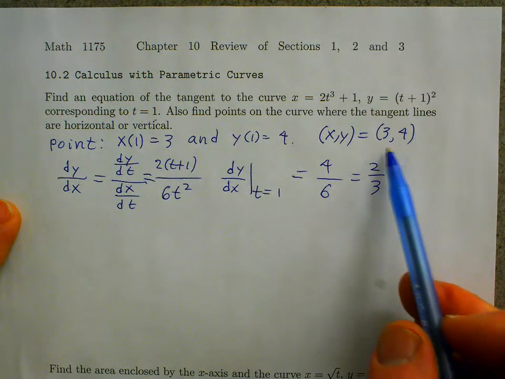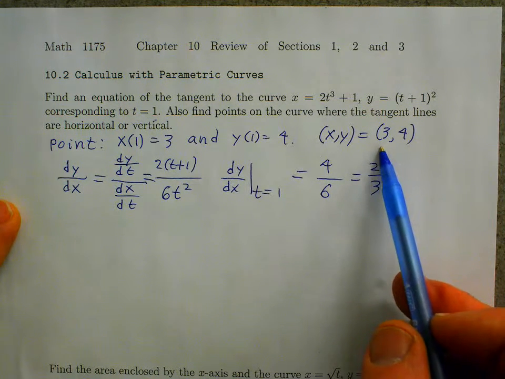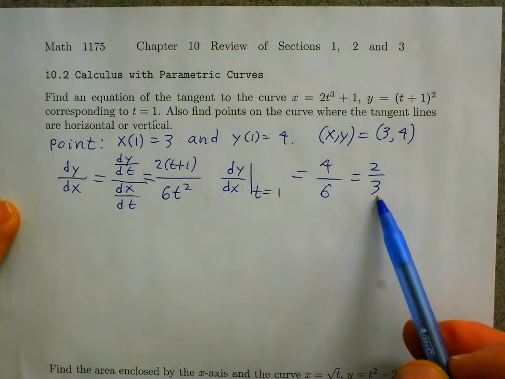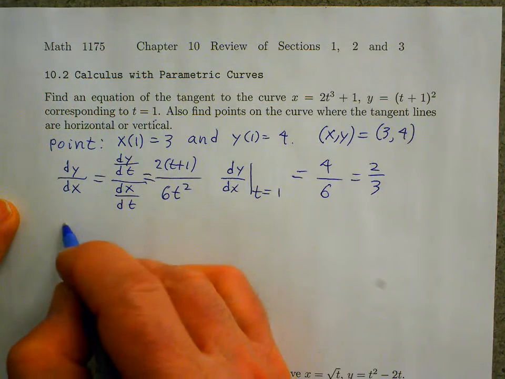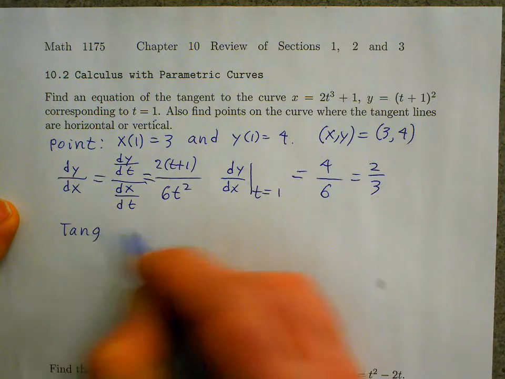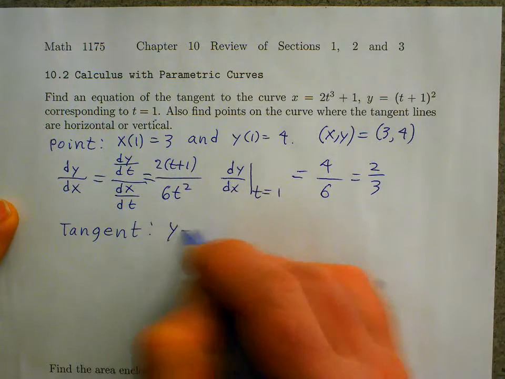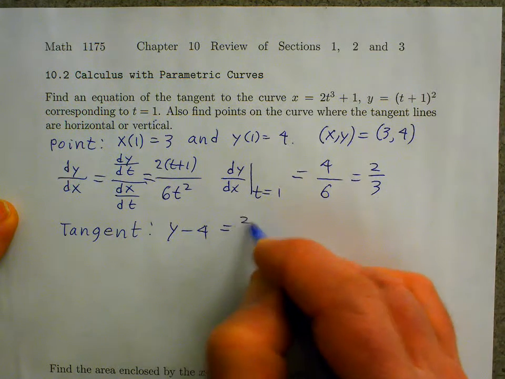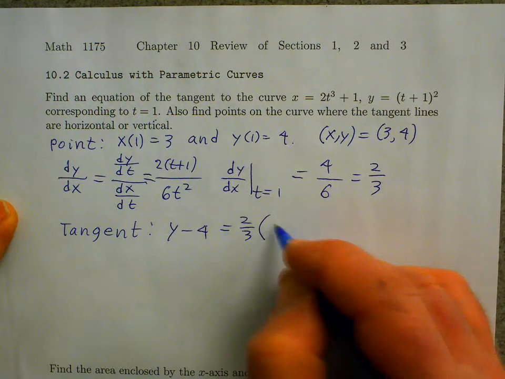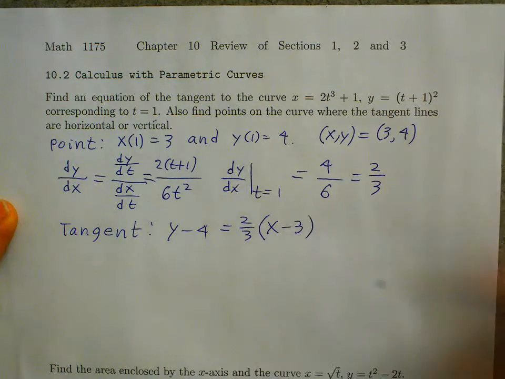So the tangent line that passes through the point (3, 4) with slope 2/3, we'll just write down the point-slope form. y minus 4 equals 2/3 times the binomial (x minus 3).